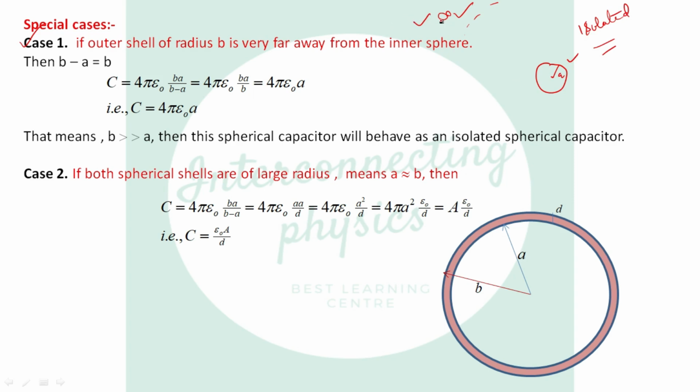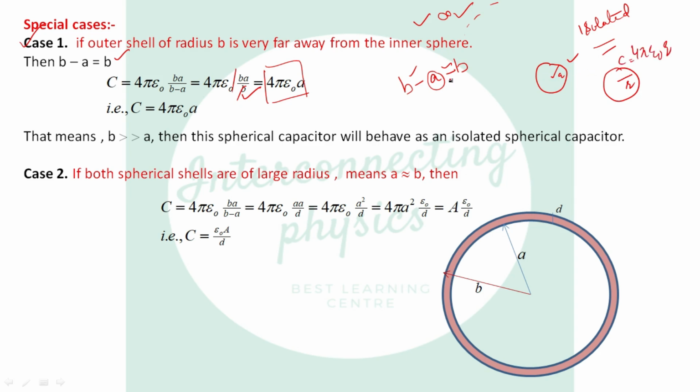So when we consider the second sphere at infinity, then b minus a will become b, because when we subtract something from infinity, the answer will be infinity. So b minus a is b, and b cancels out with b, and the answer is 4 pi epsilon naught a. In the last video we discussed that the capacitance of a spherical conductor having radius r is 4 pi epsilon naught r.